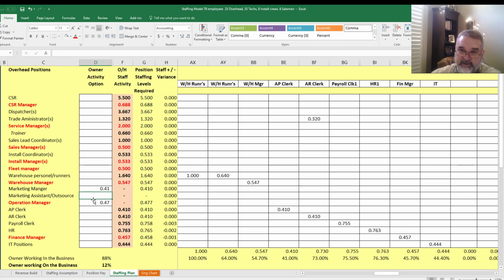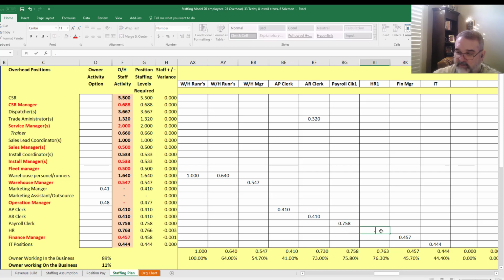So he either needs to work more on the business, because right now he's 12% on and 88% in it. Holy crap, what happened here? 477. Okay, that's a 0. And I have to bring these zeros back out here too. And these zeros need to be 0.758, 0.758.